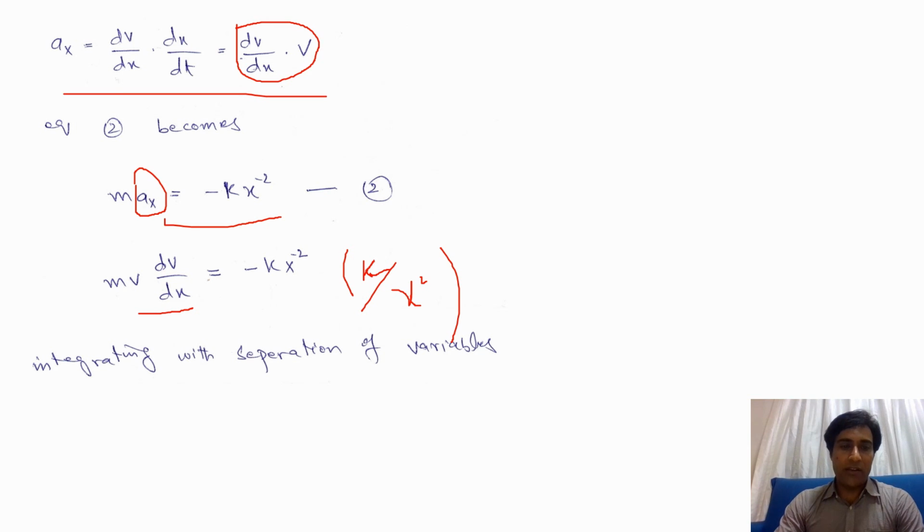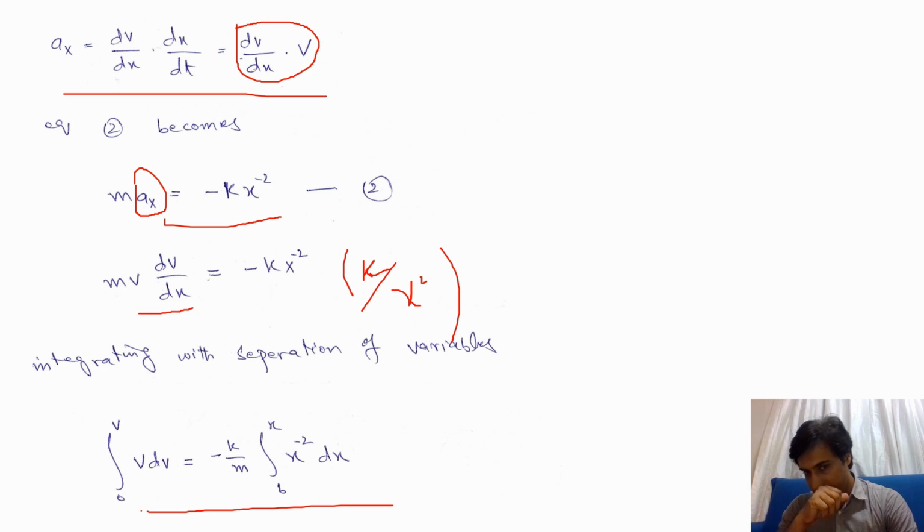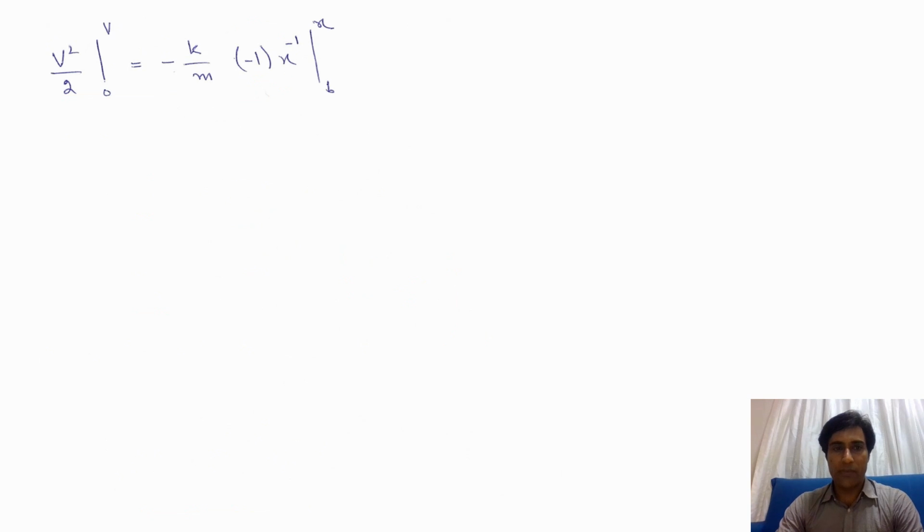So integrating the above equation with separation of variables, we get the integral of v dv from 0 to v equal to minus k over m times the integral of x to the power minus 2 dx.